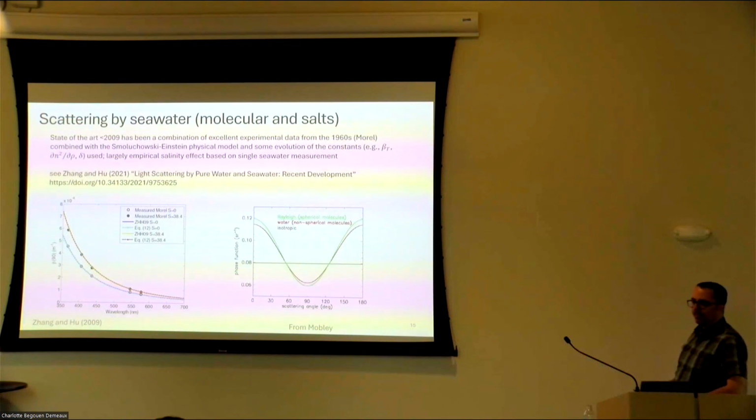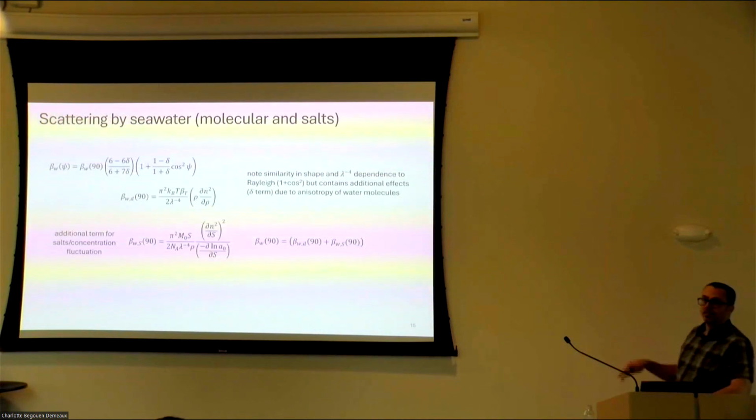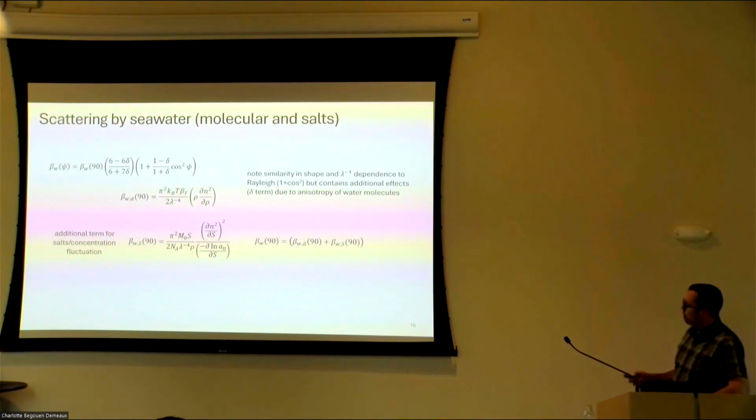It is a Rayleigh scatterer, or what we would call a Rayleigh scatterer. Just to give you an idea of what the phase function and the angular variability look like, because you'd be disappointed if you didn't see it. These are the physical equations behind it that come out of Zhang. The reason I wanted to show this is that, out of the physics, you still get that lambda to the -4.